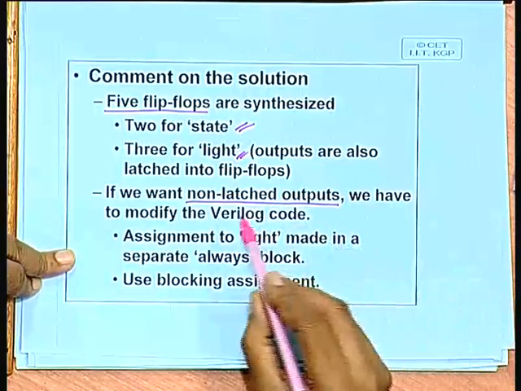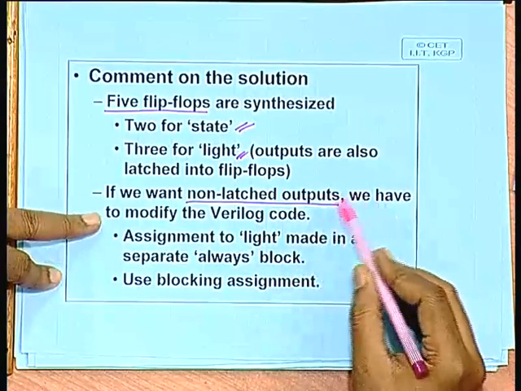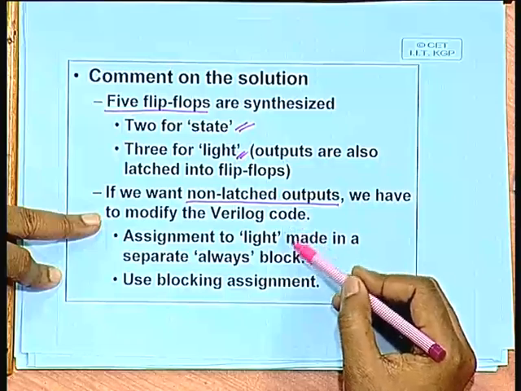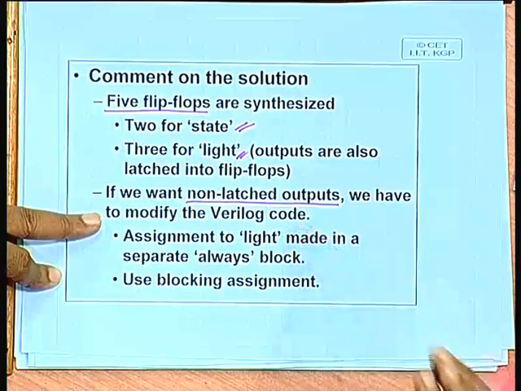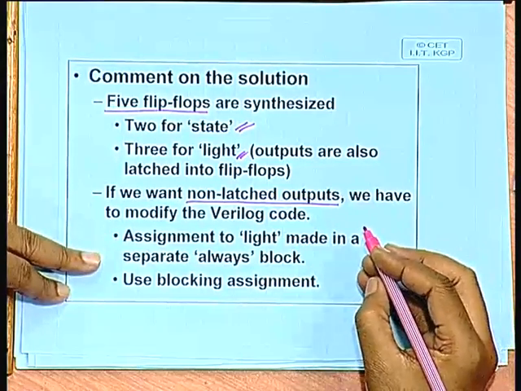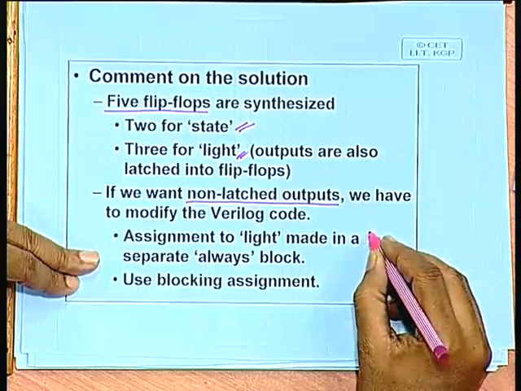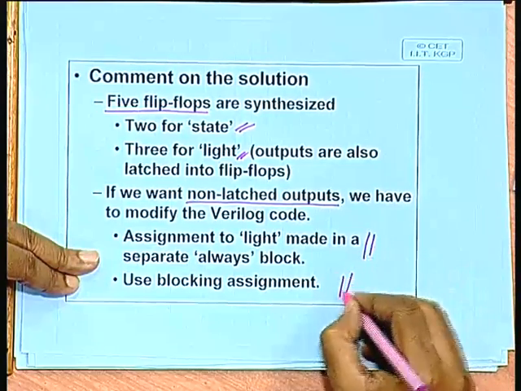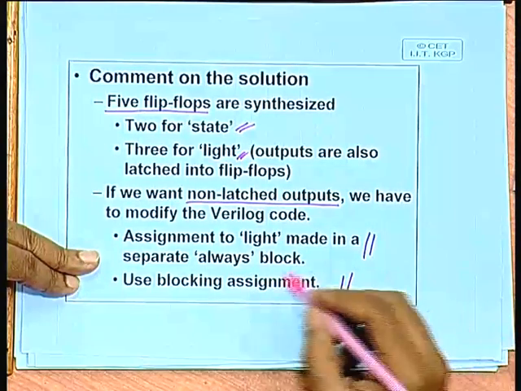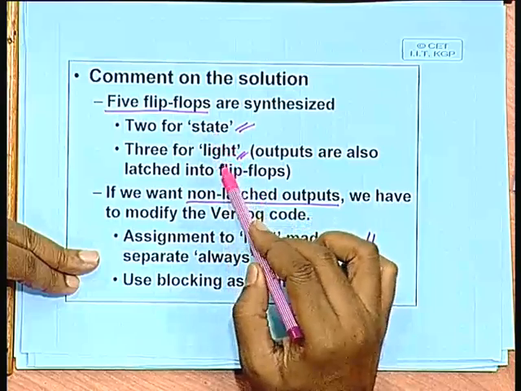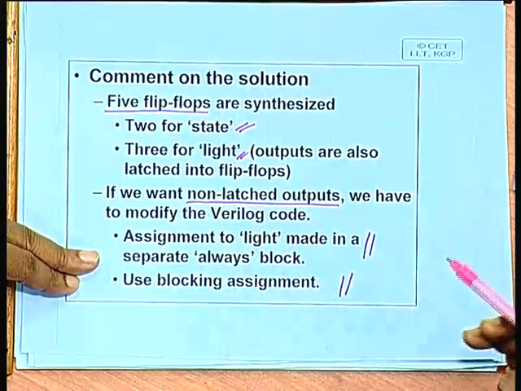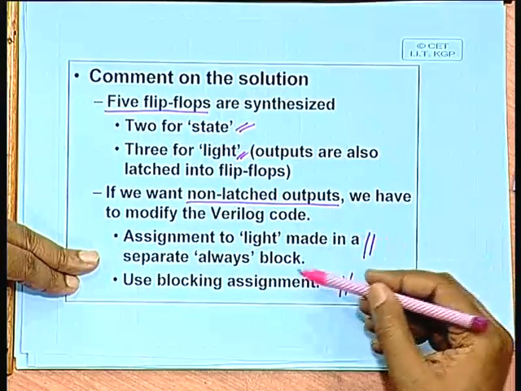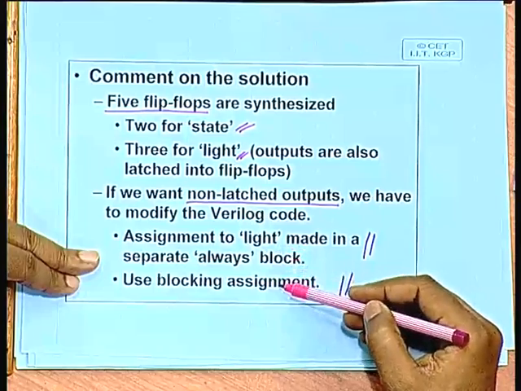But if you want non-latched outputs, we have to change the Verilog code in a slightly different way. The thing we do is that we use two separate always blocks, one for the state and one for outputting the light combinations, and one of them will be non-blocking, one of them will be blocking. Let us see how.